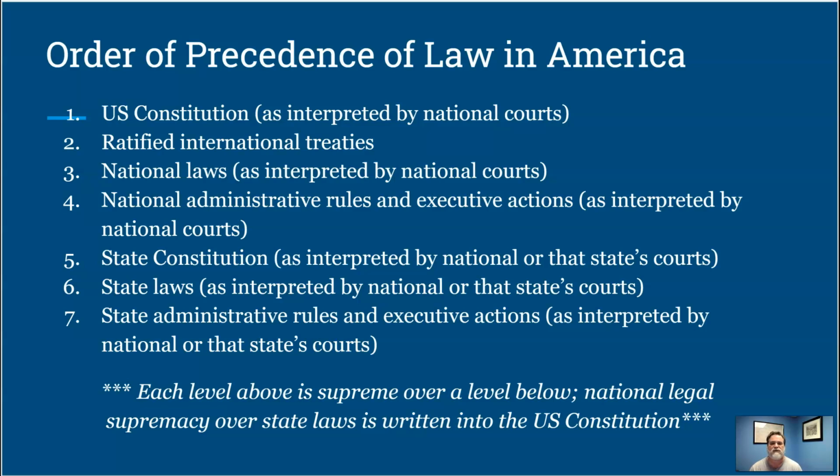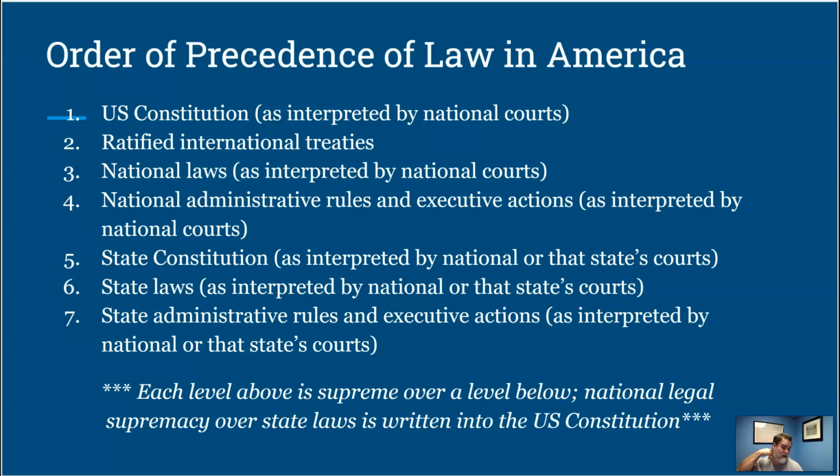So if there was a treaty requirement that conflicted with a national law, the treaty provision would supersede the national law, because the treaty is at a higher level of precedence than the national law.